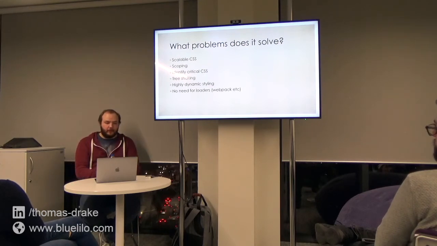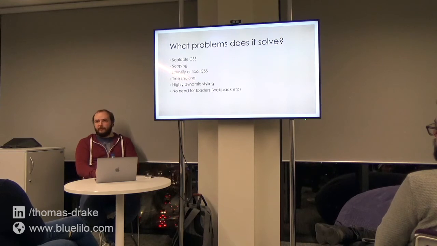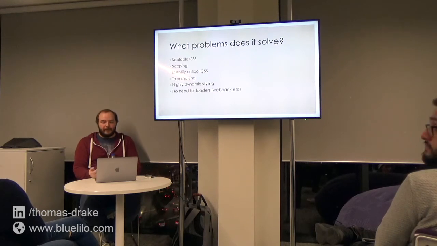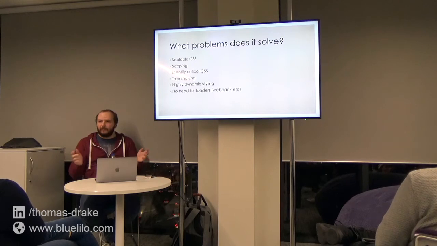There's also tree shaking, if people have used Webpack and tree shaking before. It's basically just dead code analysis. Imagine shaking a tree and shaking all of the loose leaves off, where those loose leaves are code that is unused.